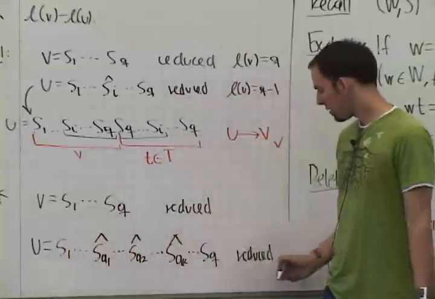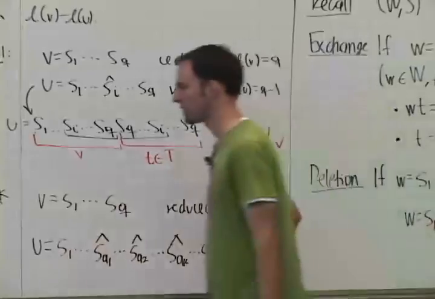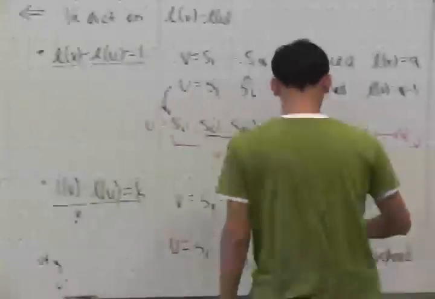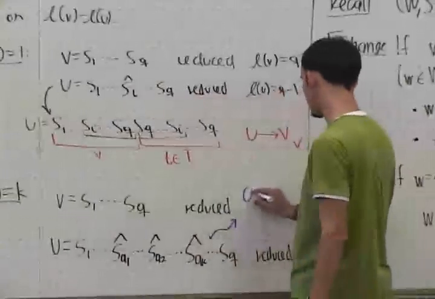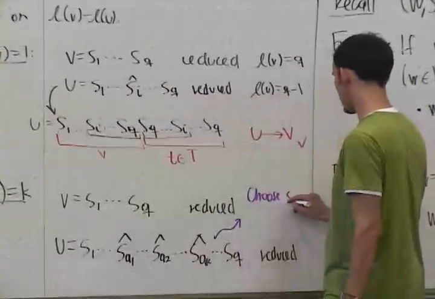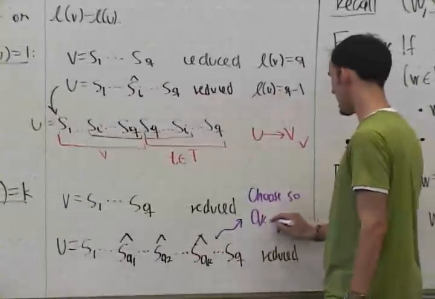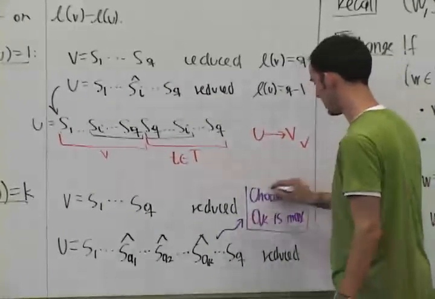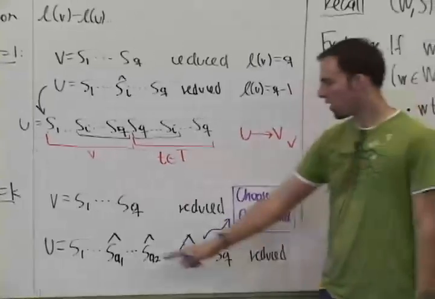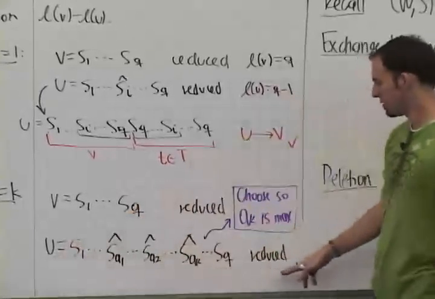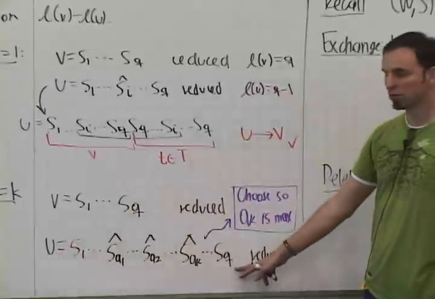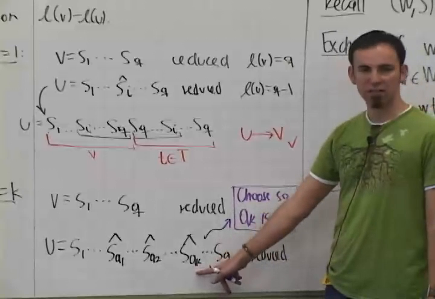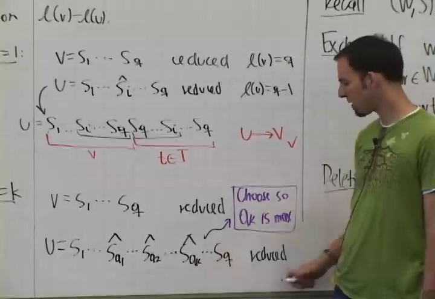And what I want to do, and you will see later why I want to do this, I want to choose this so that AK is the largest possible. So out of all the possible subwords for U, I'm going to choose one where A sub K is maximum. And you'll see why I do that.